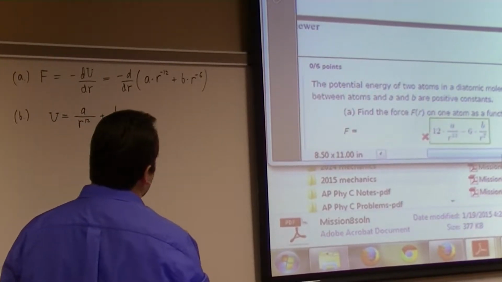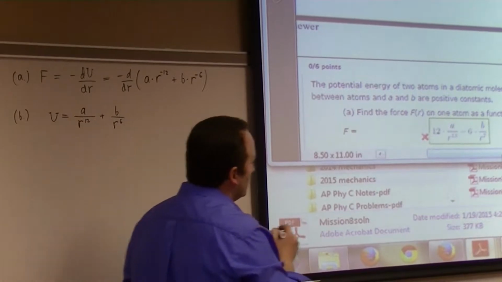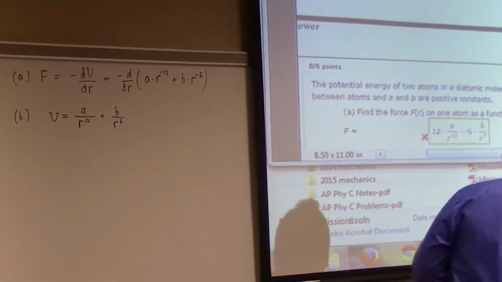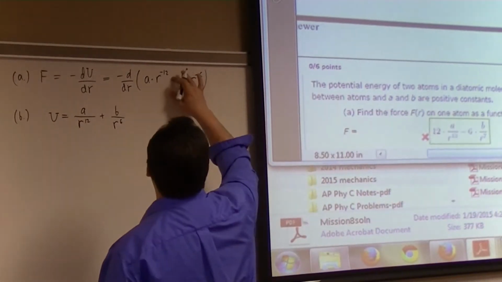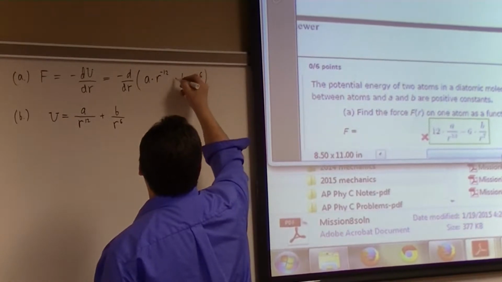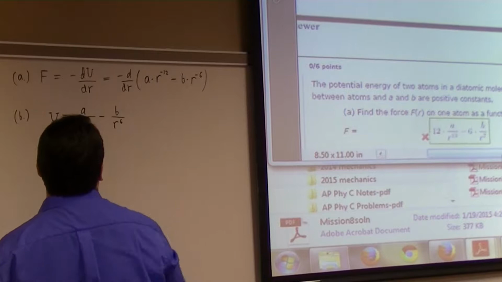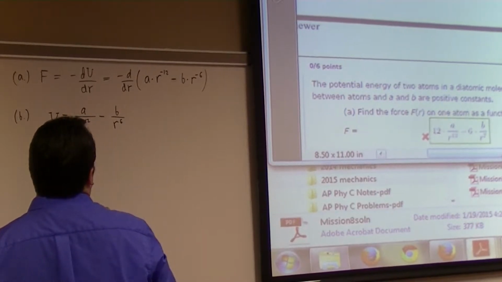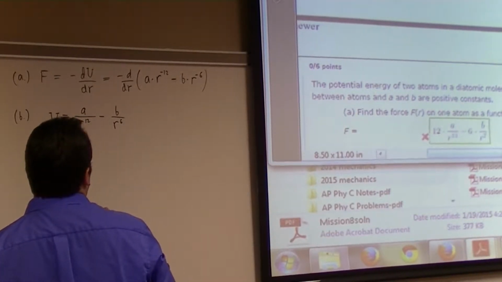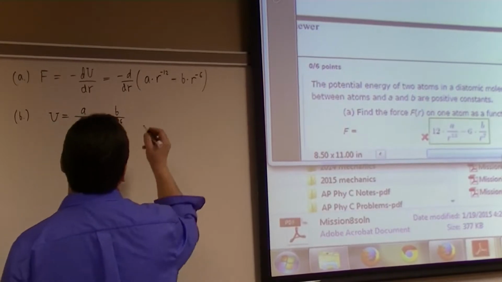Minus? Yeah. Oh, well then you guys should have corrected me here. I guess some of you did. Okay. All right, so if I do that, is there anything I can factor out here? Oh, yeah. 1 over R to the 6th. 1 over R to the 12th? Okay, yeah.